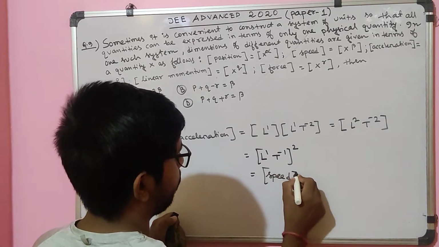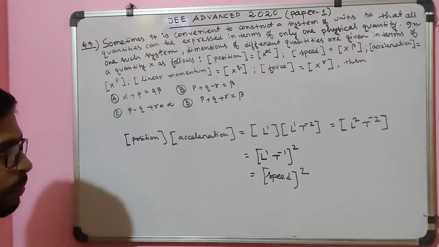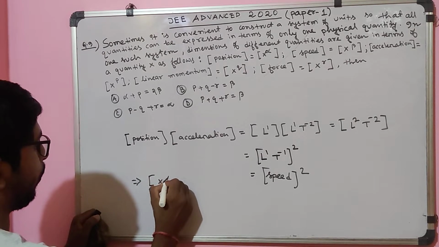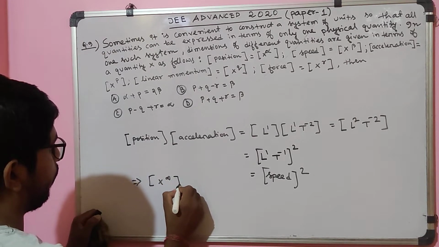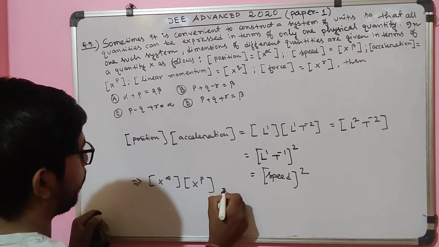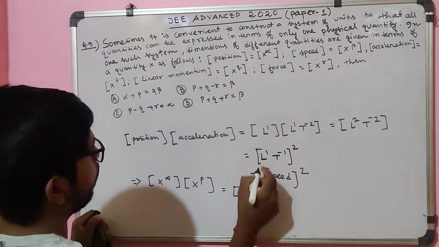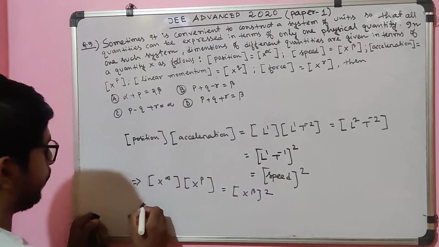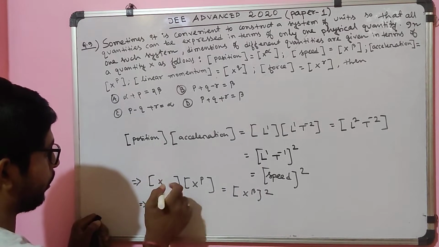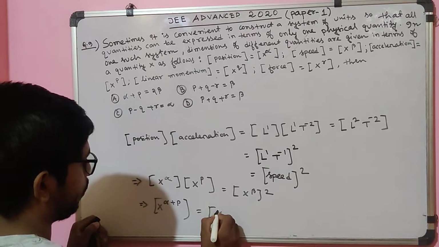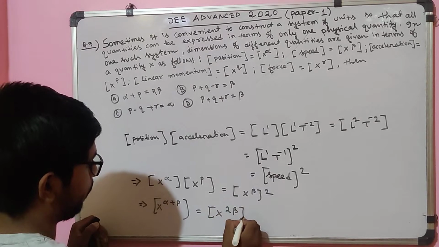This is nothing but speed. Then position is x to the power alpha, acceleration is x to the power p, and speed is x to the power beta, squared. So this is x to the power alpha plus p, and this is x to the power 2 beta.